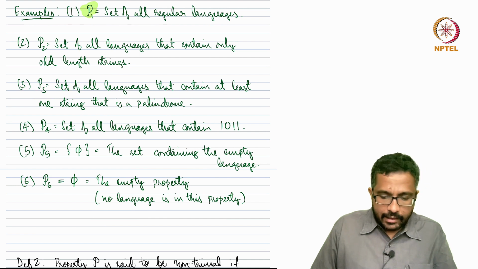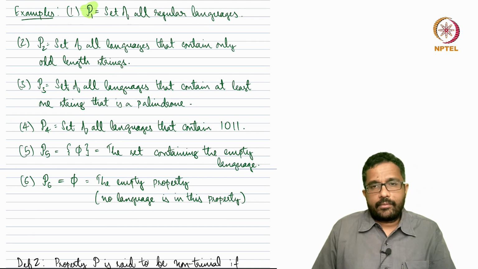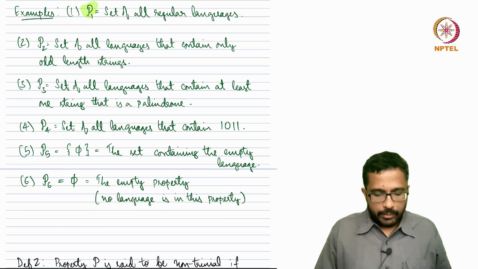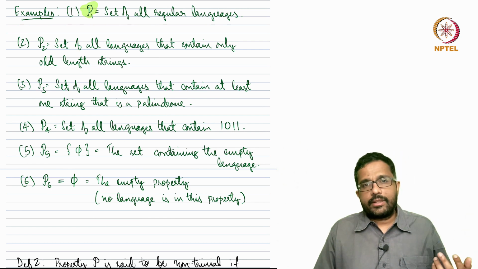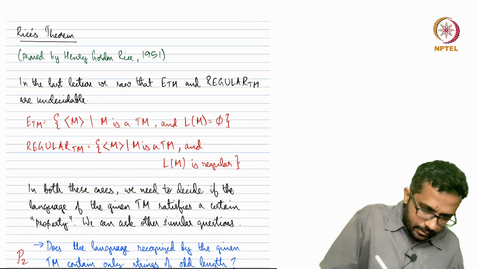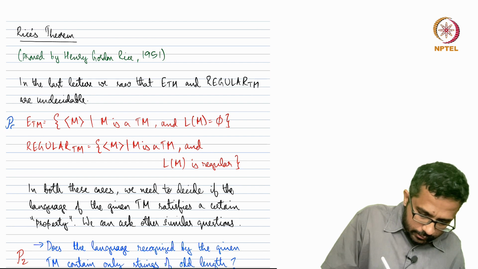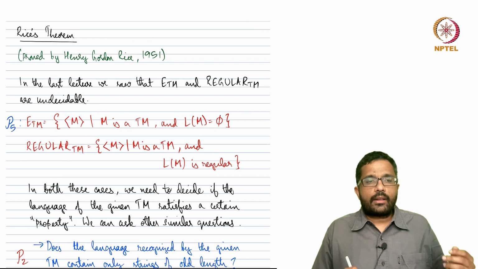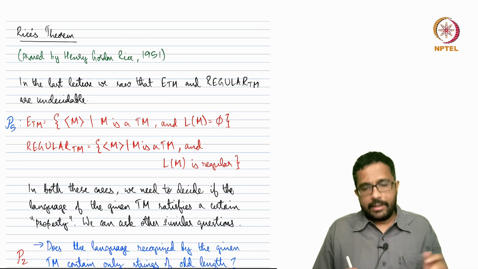Now what is P5? P5 is the set containing the empty language. Only one language is there in P5: the empty language. So here we are asking, maybe I'll use a different color just to stand out, does the given Turing machine recognize the empty language?